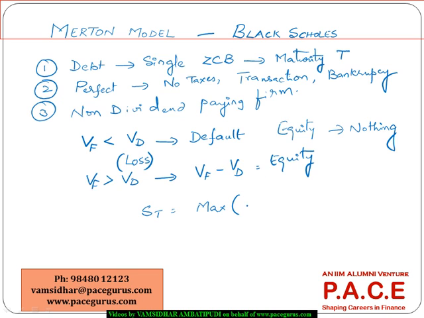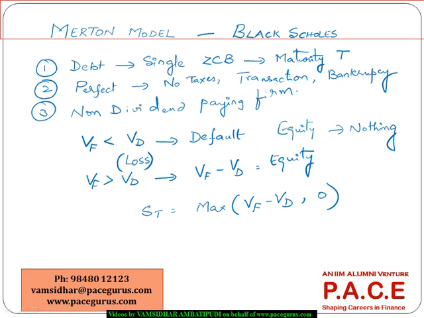If I join these two, it comes out as the maximum of the value of the firm minus the value of the debt, or zero. The maximum of these two is what the equity investor is going to receive.